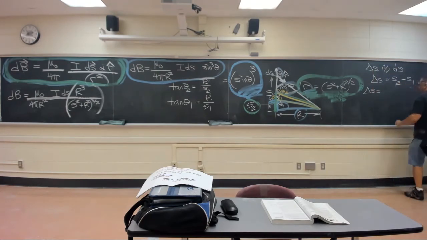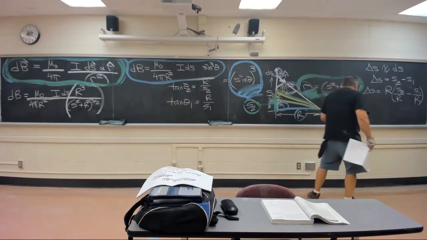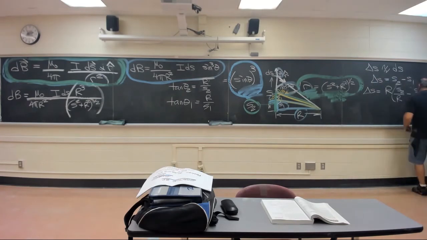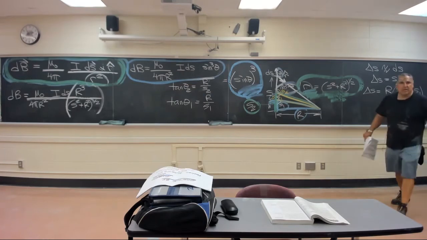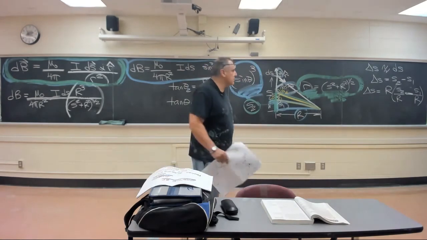Would everybody agree that R times S2 over R minus S1 over R, capital R in both cases? Does everybody agree? I'm not getting specific just yet. I just want to ask you, do you believe the mathematics?